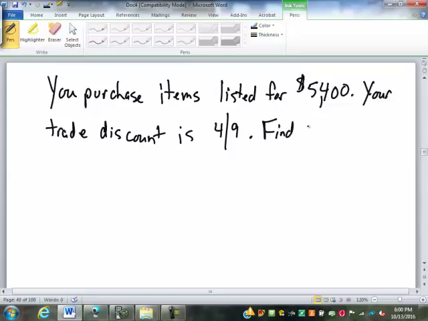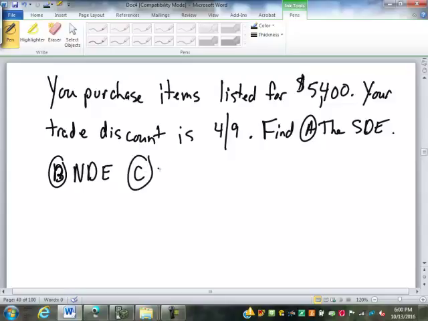Find A, the single discount equivalent. B, the net decimal equivalent. And C, the dollar amount of the discount. And D, the net price.